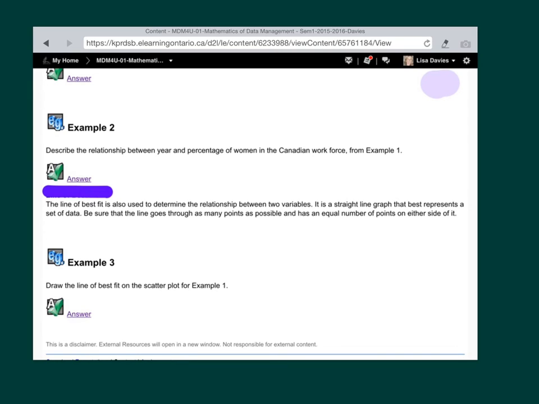The line of best fit shows that the two variables are related and that we have a positive relationship because one is going up as the other one is increasing, and that it's a strong relationship because all of the points are very close to the line that we drew.